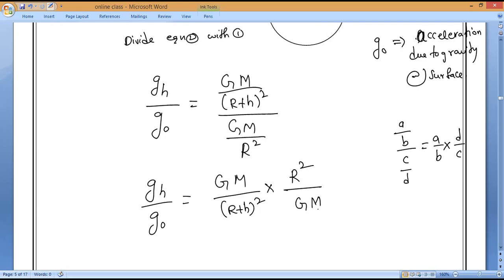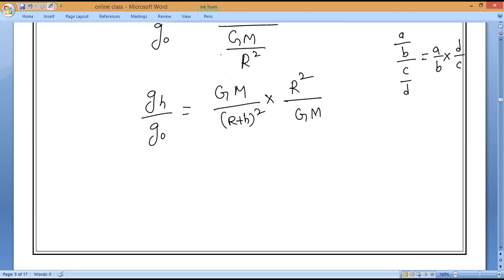Is it right or wrong? Now something will get cancelled. G and G will get cancelled. M and M also will get cancelled. So what is remaining now? g_h divided by g naught is equal to R square divided by R plus H whole square.